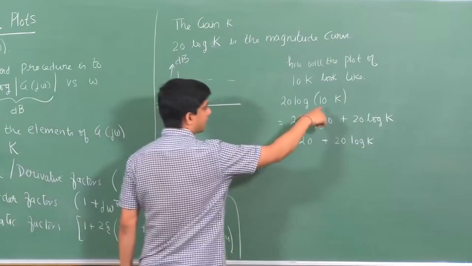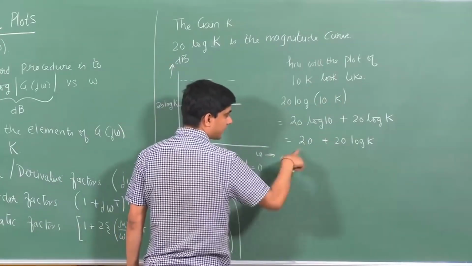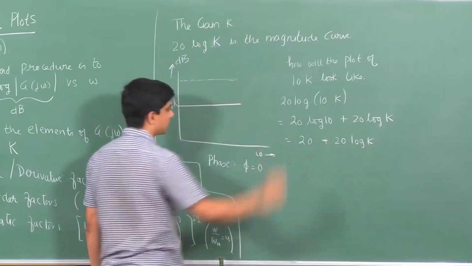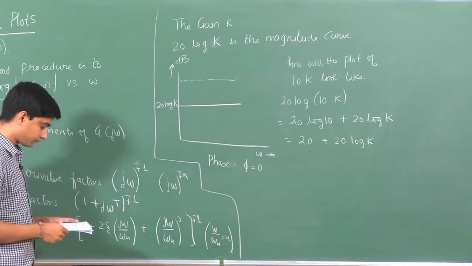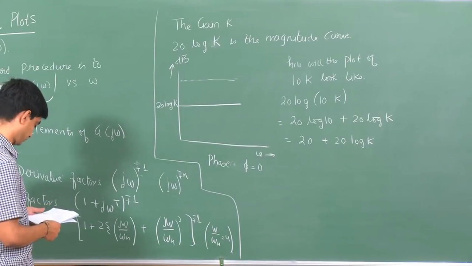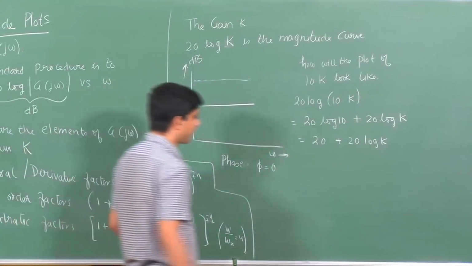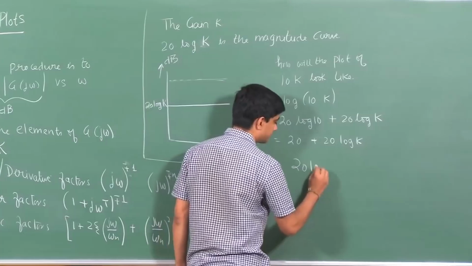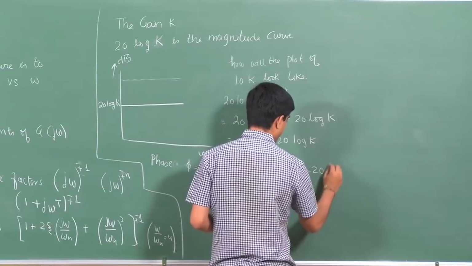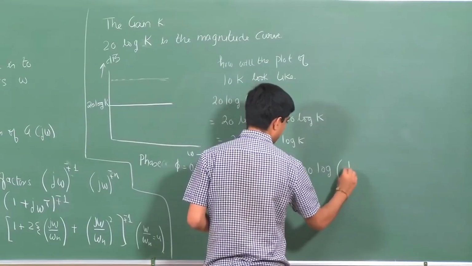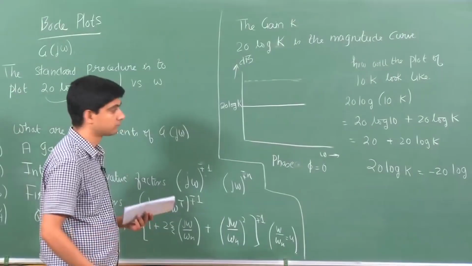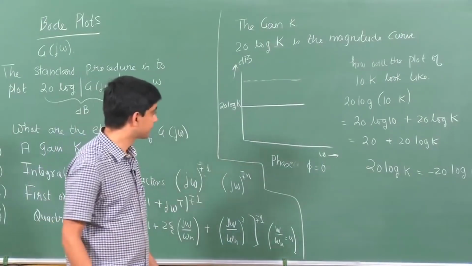Similarly, I can have 20, 40. We're just adding constants, so the plot becomes quite straightforward. And lastly, minus 20 log K is 20 log of 1 over K.